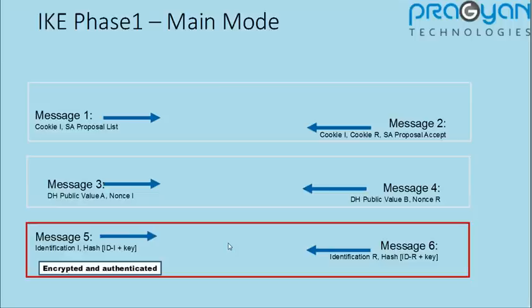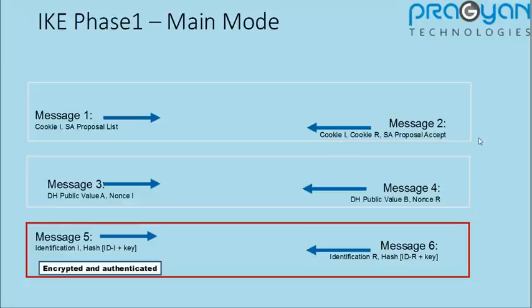Now if you are doing aggressive mode, what is going to happen? Whether you use main mode or aggressive mode, the information that gets exchanged is the same, just that in aggressive mode the information is compressed into a smaller number of packets. So you'll have just 3 packets. A is going to take all the messages in message 1 and message 3, and bundle them together in a single message.